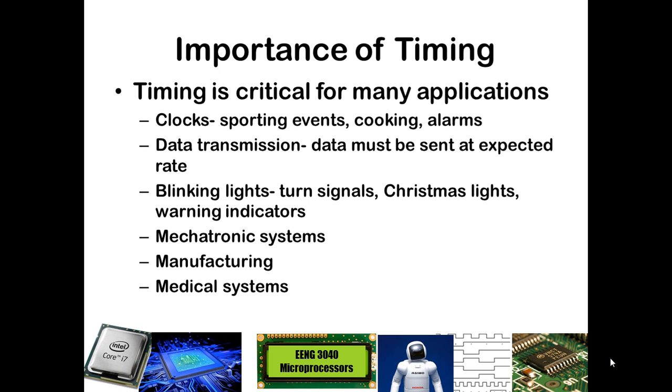And of course medical systems. If you're trying to design something like a pacemaker for a heart, you need to make sure that you are properly timing things. Also, if you're thinking about collecting medical data, you need to make sure that you sample at an appropriate rate, appropriate frequency, and we'll talk a good bit more about such types of sampling later on in the course.